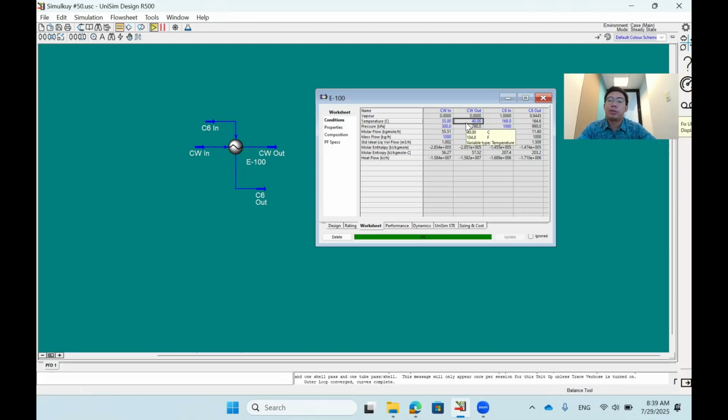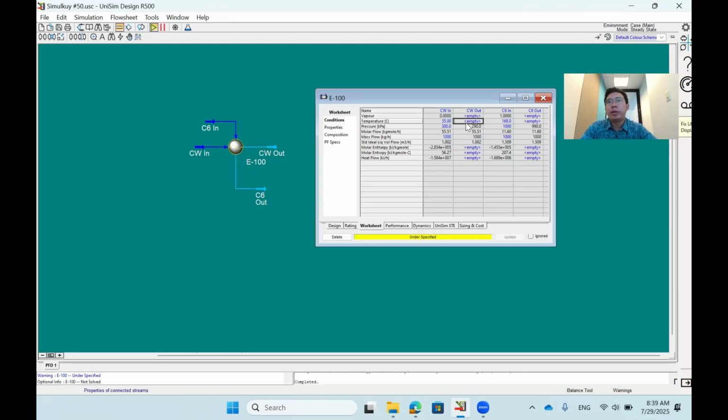Then we specify one temperature spec. For example, what if we don't know the flow rate of the cooling water, and it will be calculated? It is possible. For example, I delete this, and then we need to specify two variables, because previously one spec was the flow rate of cooling water, but right now it's deleted. So we need to specify two.